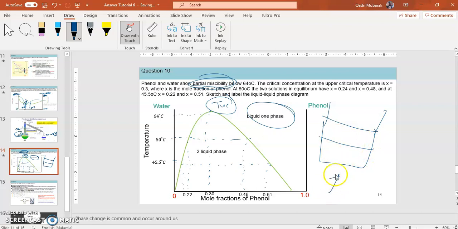However, when we provide heat, the temperature will change, and then this will become miscible, so we don't have two distinguished layers anymore. It depends on the temperature. That is what is meant by partial miscibility. And then from there we can sketch the kind of diagram, and this is what the diagram will look like.